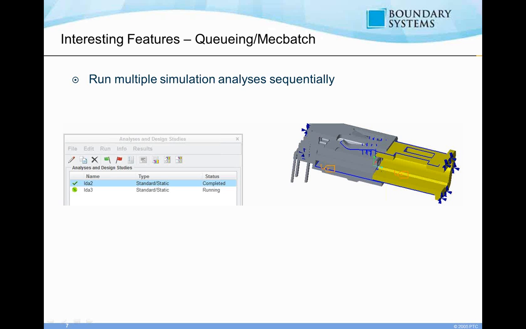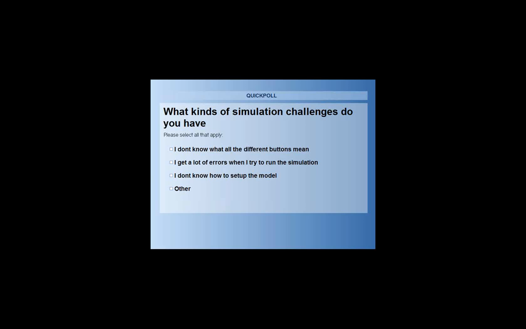Next up, the question pops up: what kinds of simulation challenges do you typically have whenever you're running a simulation? Is it that you don't know what all the different picks and clicks are inside of Creo Simulate, or whenever you try to run, you get a lot of errors, or sometimes you don't even know how to set up the model?